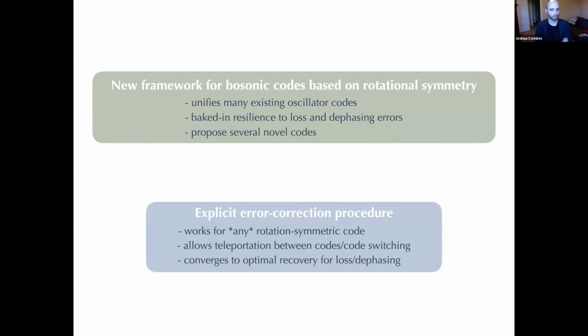And we gave an explicit error correcting circuit that was close to optimal. I also showed you some preliminary results where by designing new code words, we were able to see 5 orders of magnitude improvement over the best known codes. So yeah, thanks for your attention.